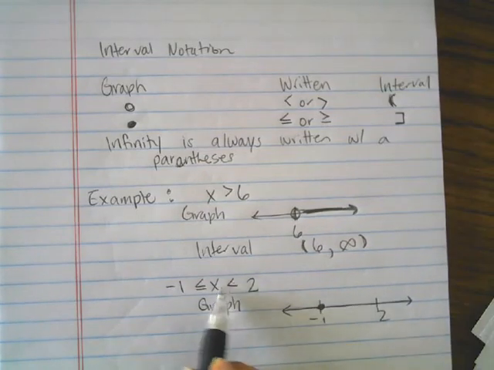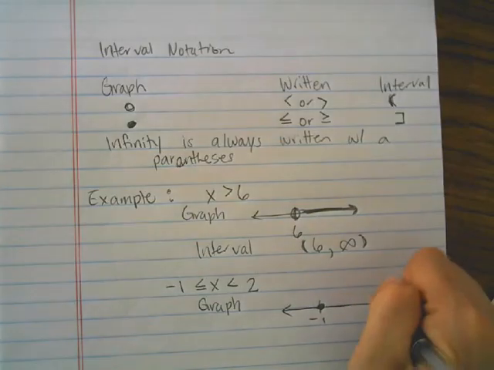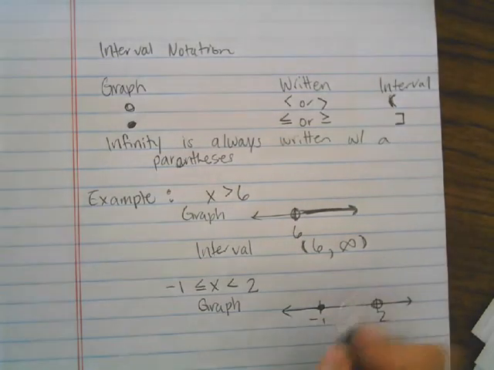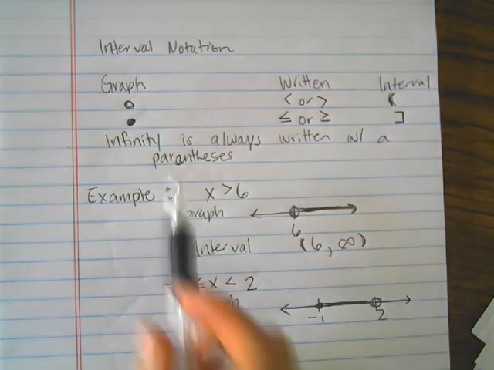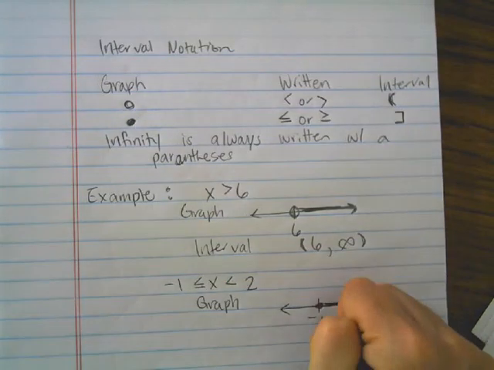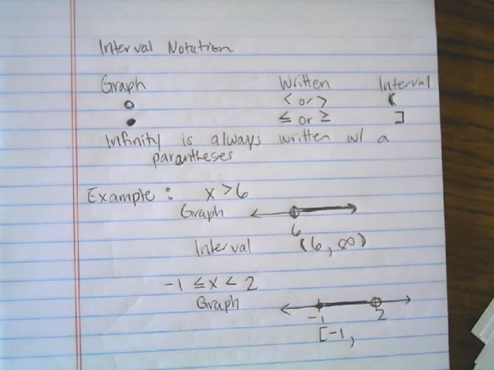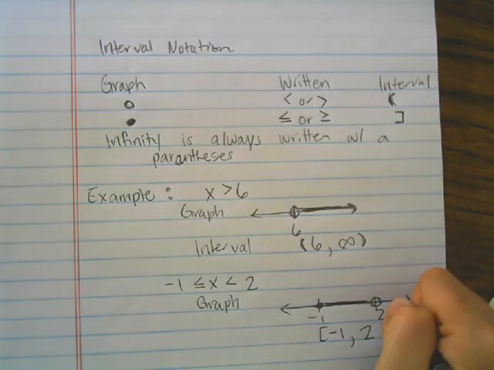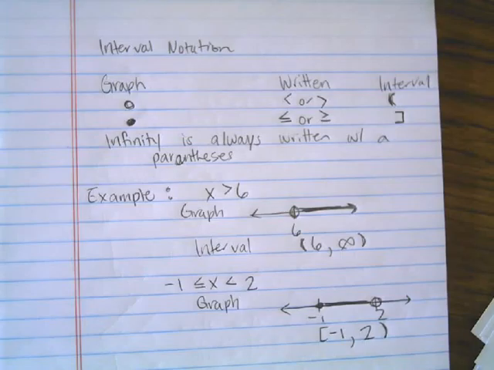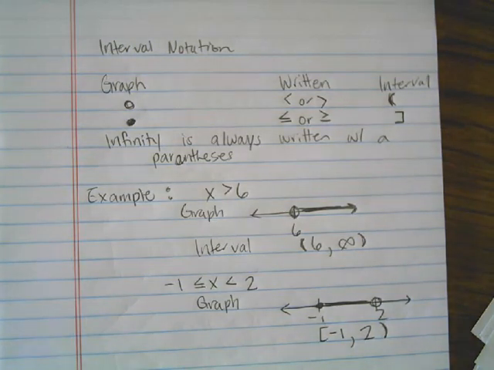For x is less than 2, we put a circle. And we want everything in between, so we've shaded in between. How do we write that? We write a bracket because it's filled in. -1, comma, to 2, and we put a parentheses. What are we doing? We're writing an interval for where the shaded area is.